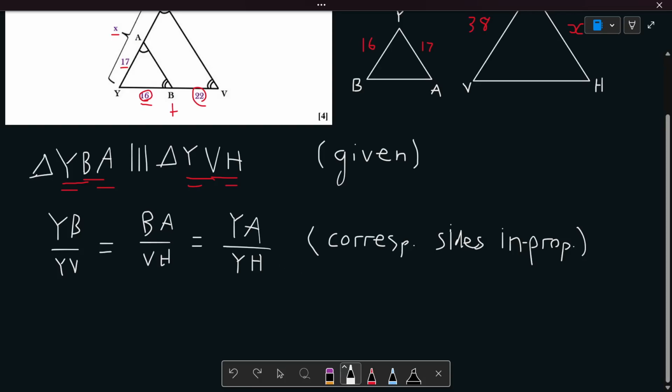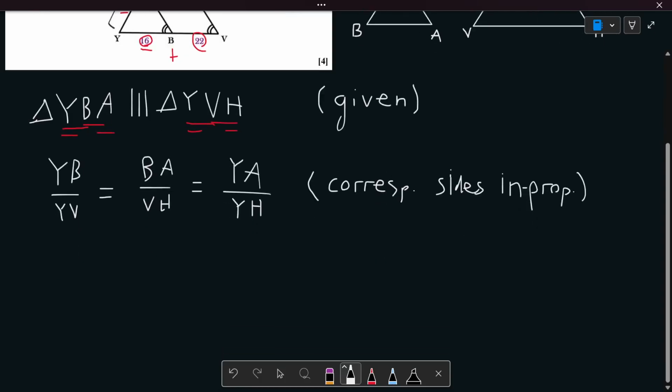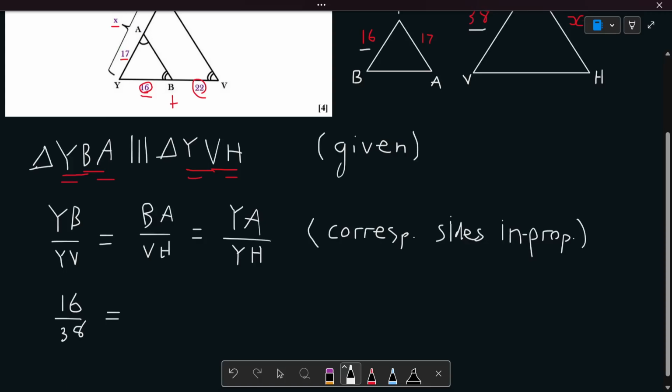Now what do we do from this point? What we need to do is just plug in the values. So we see that YB is equal to 16 over here, and then YV is equal to 38. So we say 16 over 38 over here. So 16 over 38 is going to be equal to BA. What is BA?